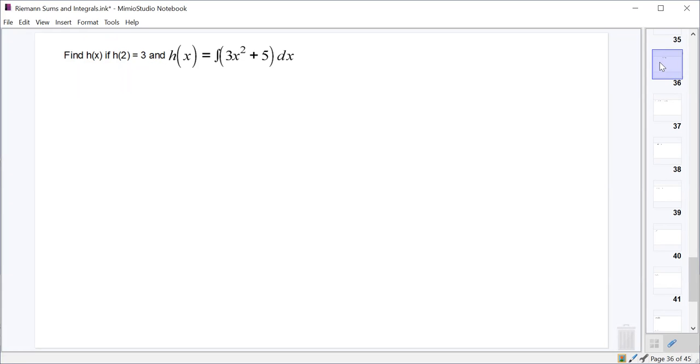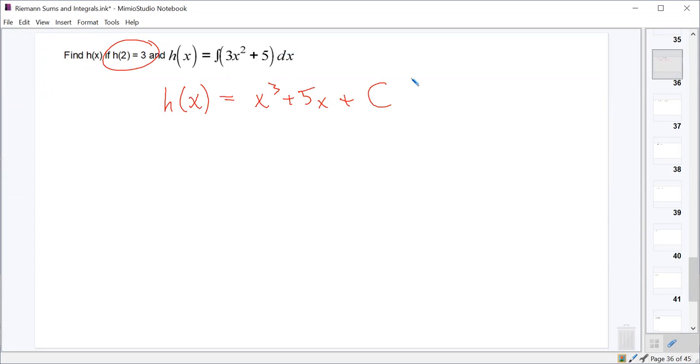All right. What if I asked you to find a new function that was equal to the integral of some function with an initial condition? These are called initial value problems. These are basic differential equations, for which we will have a full unit on differential equations eventually. But how would we figure this out? We'd say that h of x is equal to this integral, which is x cubed plus 5x plus some constant.